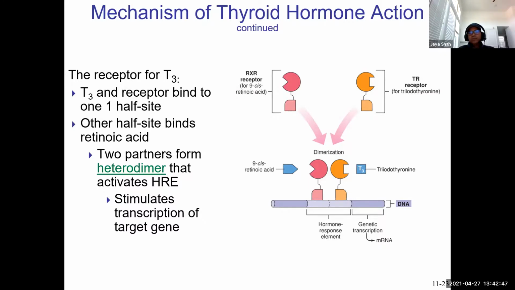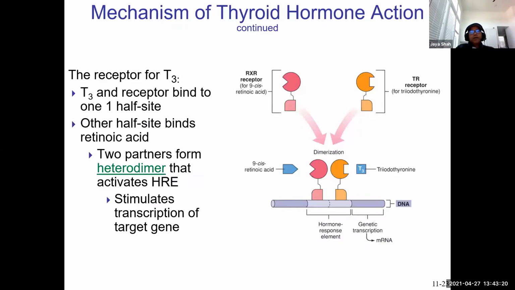No. No. But other hormones don't need retinoic acid. So this is the case. Sometimes there is heterodimer formation, sometimes there is homodimer formation. For example, thyroid hormone binds with the receptors and the hormone response element. So thyroid needs a heterodimer, whereas steroid needs a homodimer.